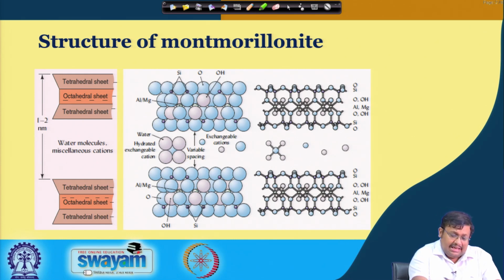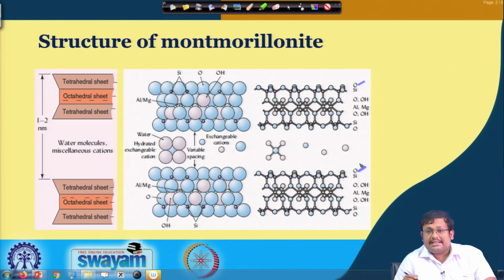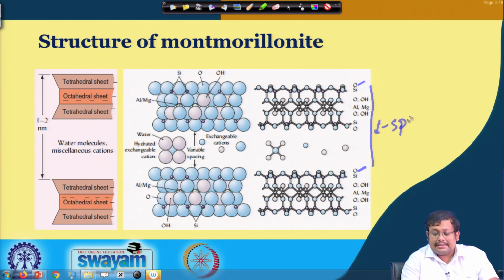So, here if you see, these are two adjacent layers, and in this layer, if we consider this is the top layer of oxygen, the repeating top layer of oxygen will be found here in the next adjacent layer, and this linear distance between these two repeating similar layers of atoms is called the d axis spacing.